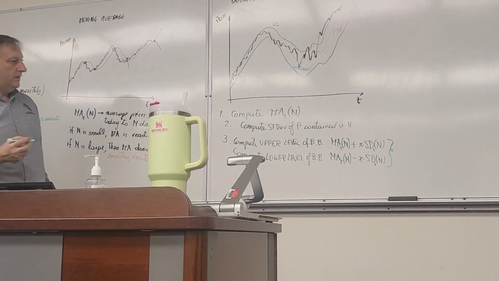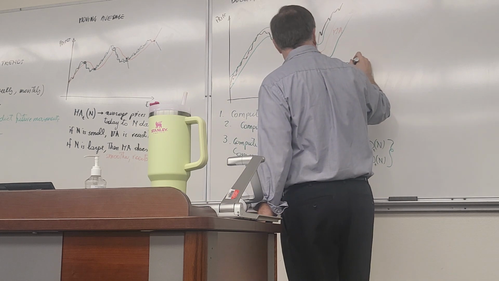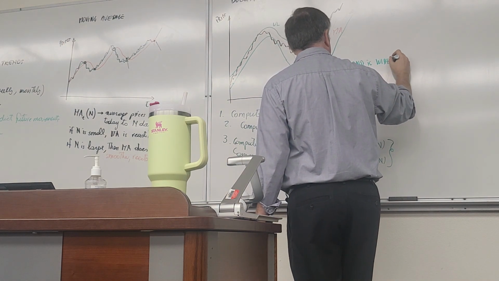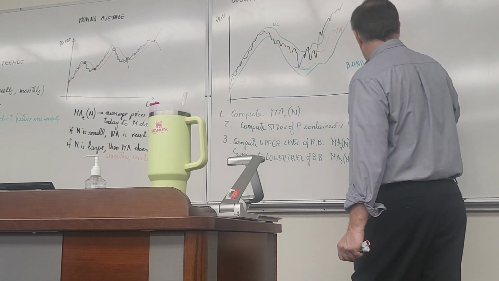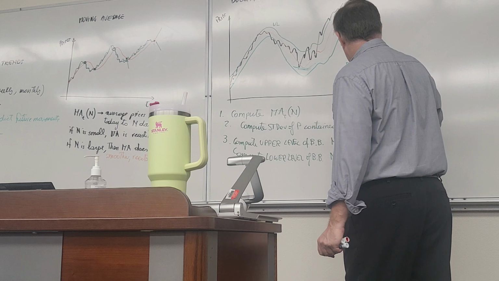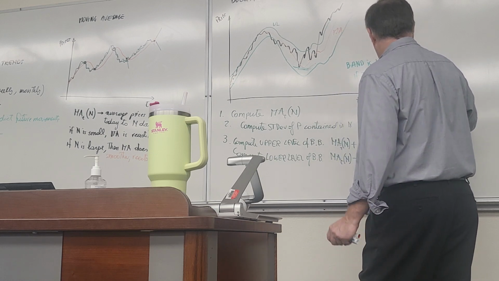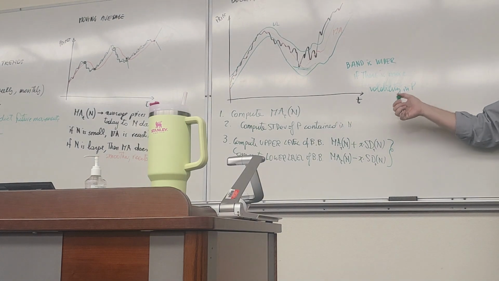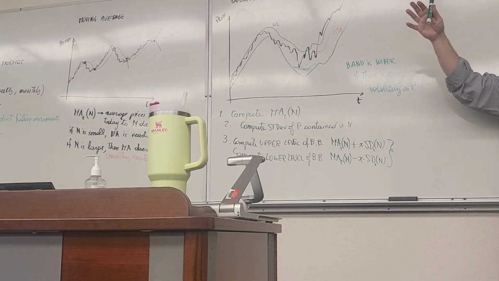However, the band is wider if there is more volatility in prices. The more the prices are jumping all over the place, the more the standard deviation is going to be, and the wider the band is going to get.